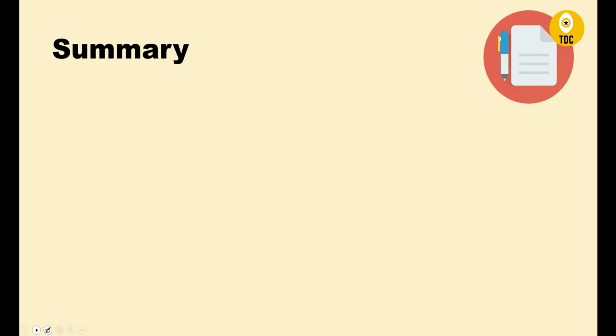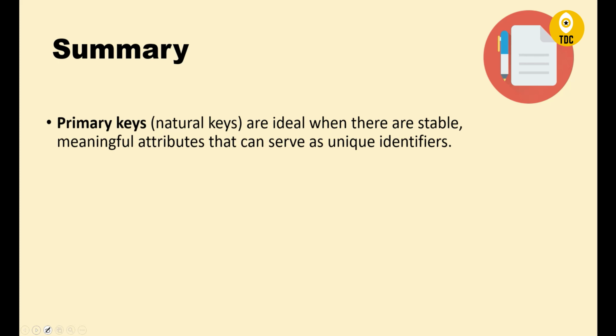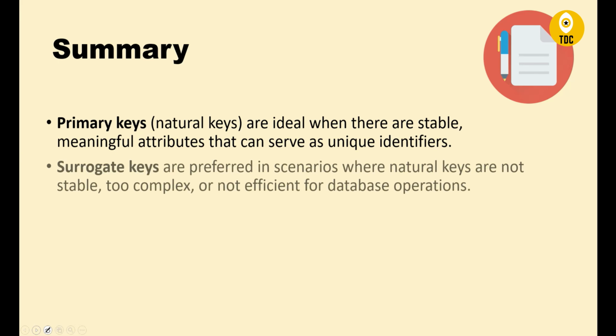Summarizing the concepts we have discussed in this video: primary keys, also called natural keys, are ideal when there are stable and meaningful attributes that can serve as a unique identifier. But surrogate keys are preferred in scenarios where natural keys are not stable and might change from the business perspective, or are too complex to be considered as keys, or are not efficient for database operations, like a composite primary key or huge data volume, where performance might get impacted, right?